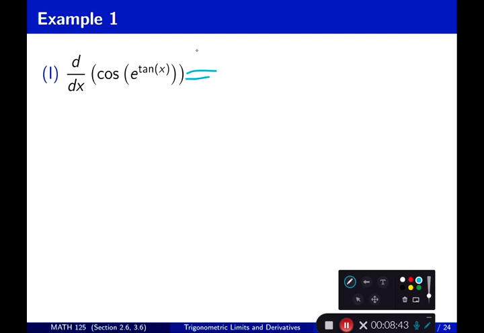So the first step is, here we have a most outer function, which is cosine of x, and we have an inner function that is e to the power tangent of x. So first we take the derivative of the most outer function, which is going to be minus sine of, and then in big parentheses put everything else.